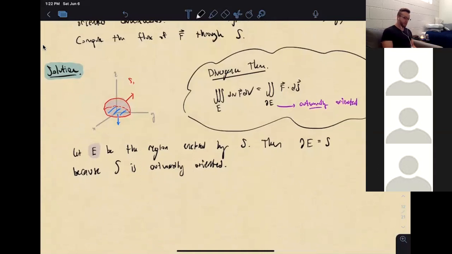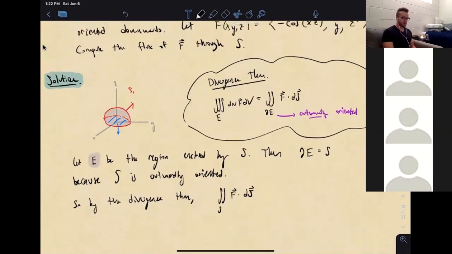So the next thing I would write is, by the divergence theorem, the flux that we care about, which, in case this helps clear anything up, anytime you see flux of F through S, that straight up means the surface integral of F through S. So that's what we ultimately care about.